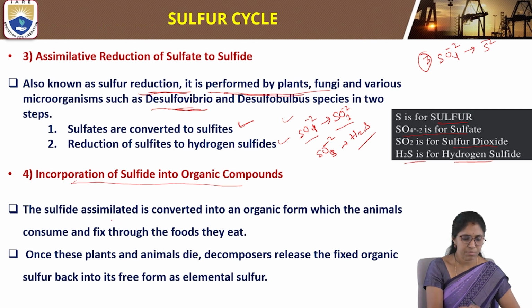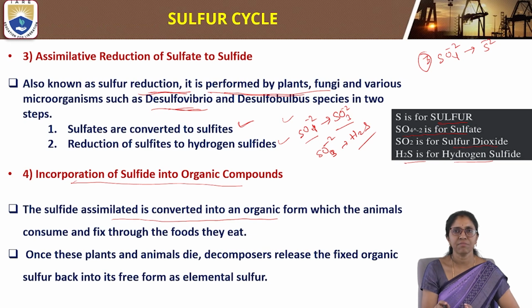The assimilated sulfide is converted into an organic form which the animals consume, and it is fixed through the foods they eat.